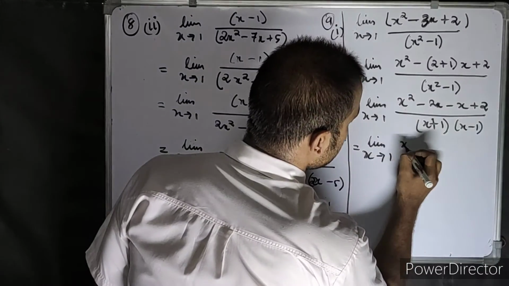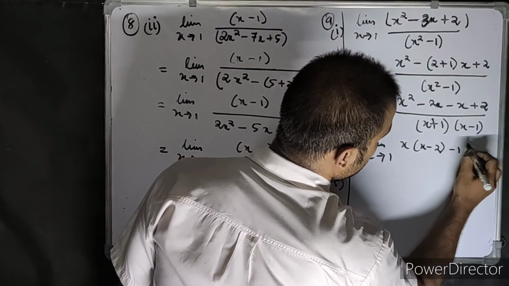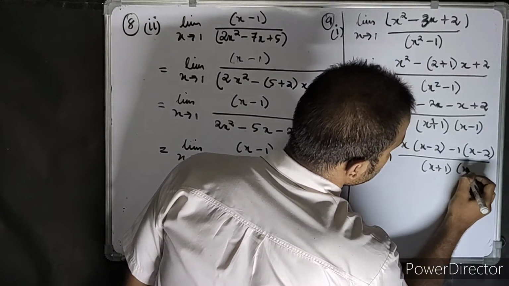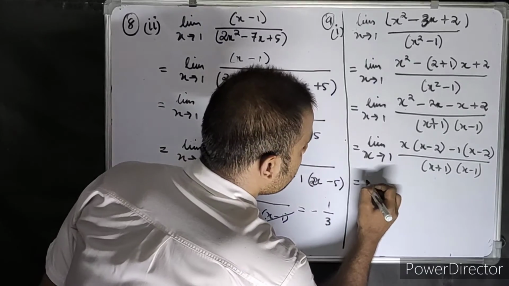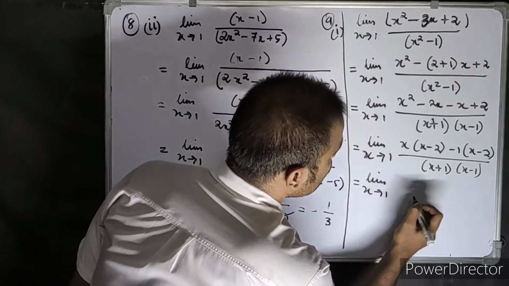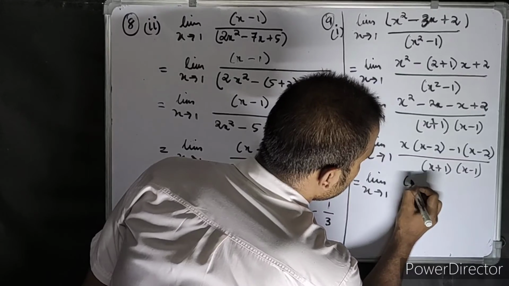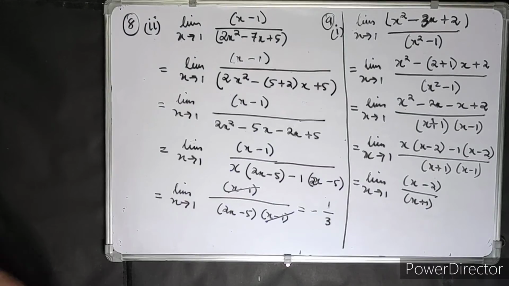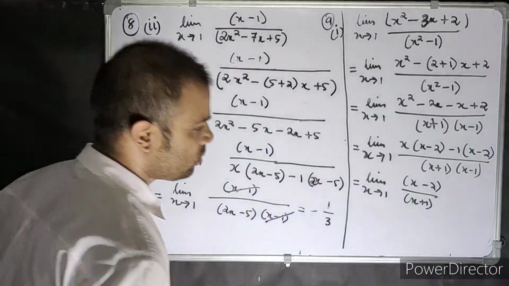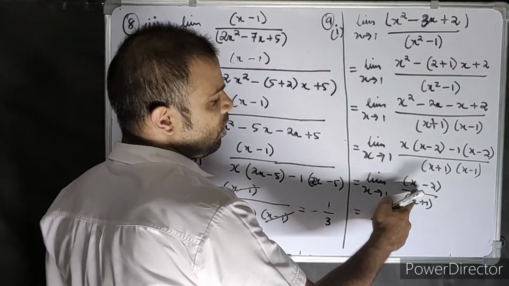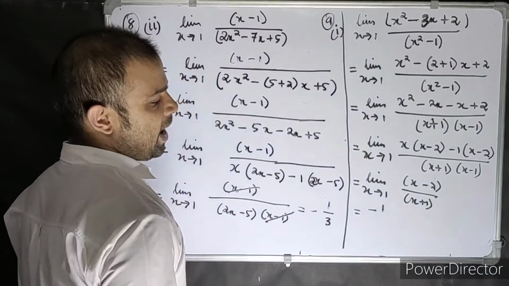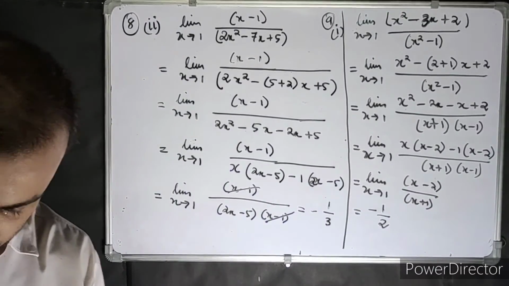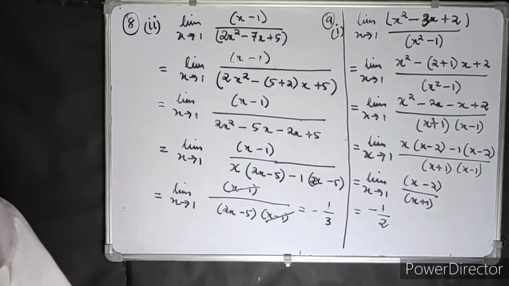That is x minus 2 times x minus 1, whole thing divided by x plus 1 and x minus 1. Eventually, you have x minus 2 on top and x plus 1 down. The x minus 1 and the x minus 1 get cancelled out, so I have not written it. Here you put a 1, that's a minus 1 on top, and down here it's a 2, so it's minus 1 by 2. Simple answer, simple question. Correct answer.